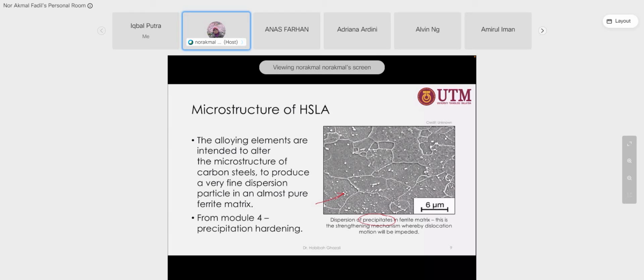So if you look back in module 4, there are four different methods or mechanisms to improve the strength. One is alloying, two is grain size refining, three is strain hardening or cold working, and four is precipitation.